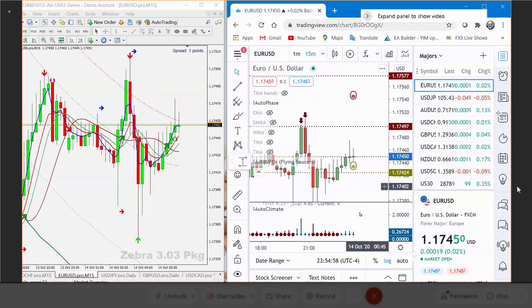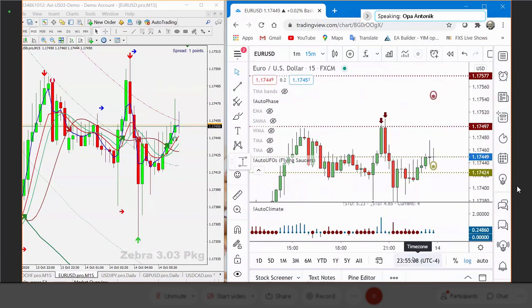And this is telling me that... So here we see the auto climate. And again, Trade with UFOs teaches you, you can go and get all that background information.